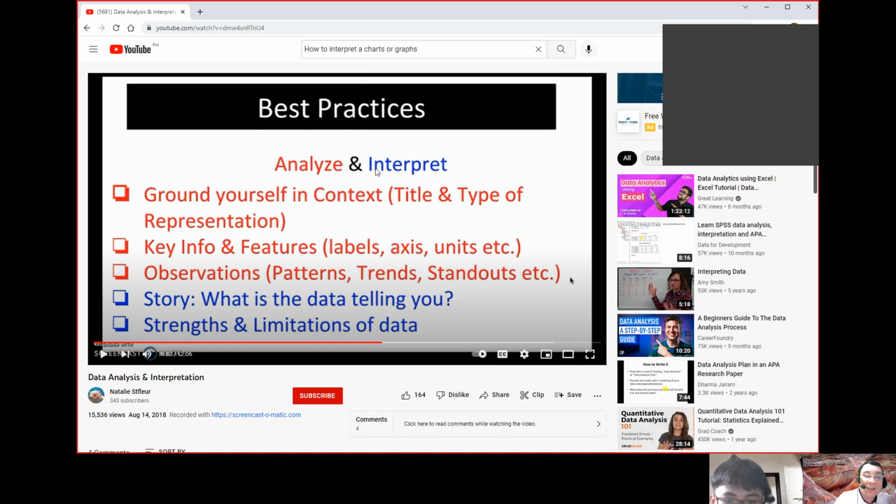And then the interpretation part. In the interpretation part, it is as if you are telling a story. What is the data telling you? You are going to tell a story about that. Let's say, for example, the pie graph shows that there was an increase of 5% in this year rather than in that year.